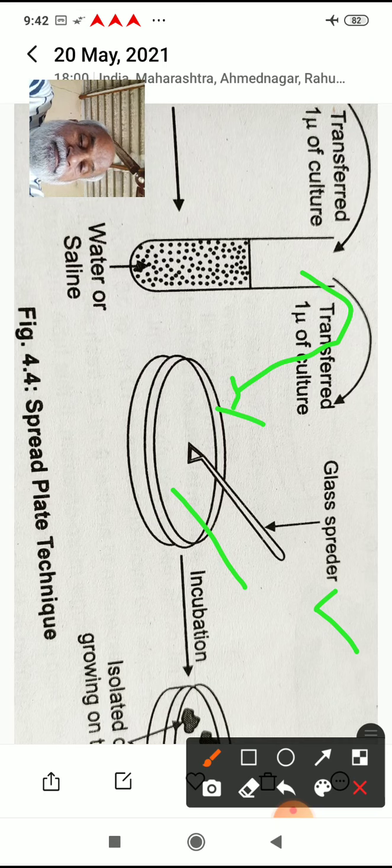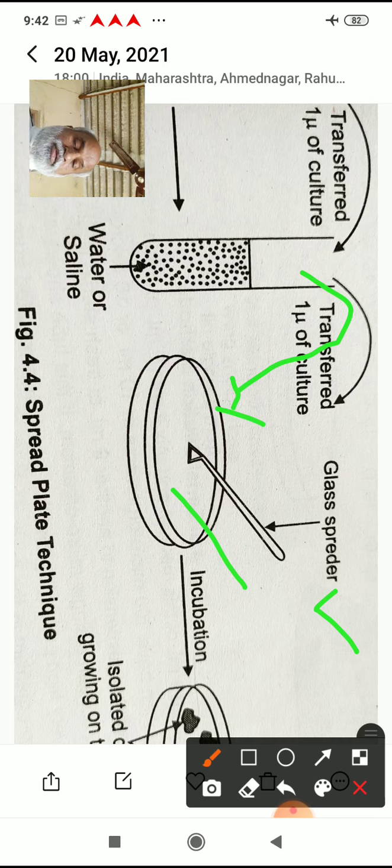A drop of diluted liquid from each tube is placed on the center of the agar plate, and with the help of a glass spreader, it is spread evenly over the surface of the medium, using this sterilized glass spreader.